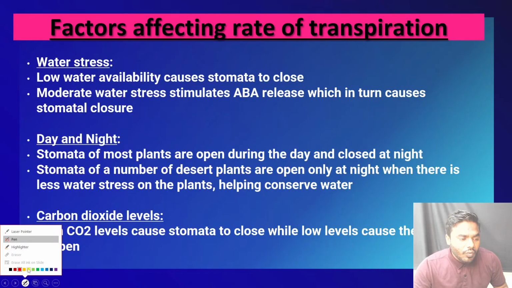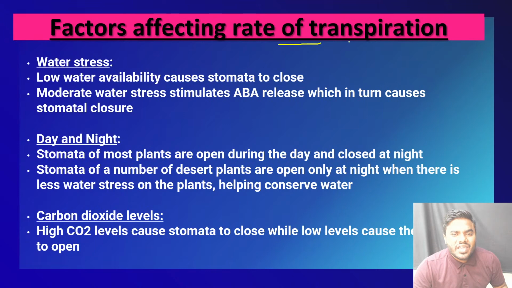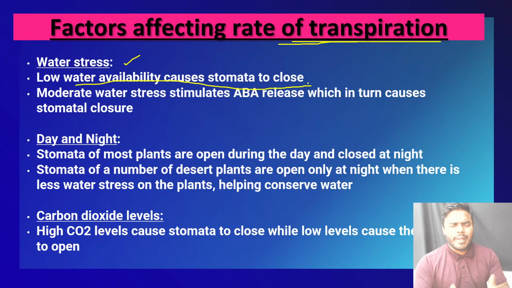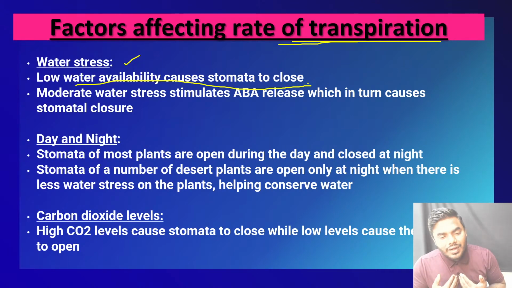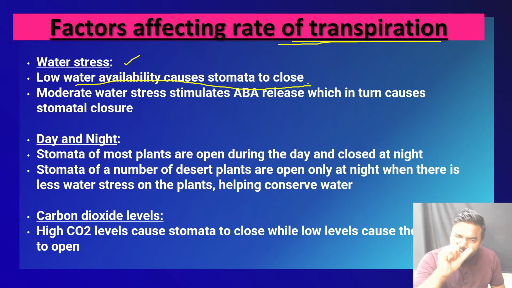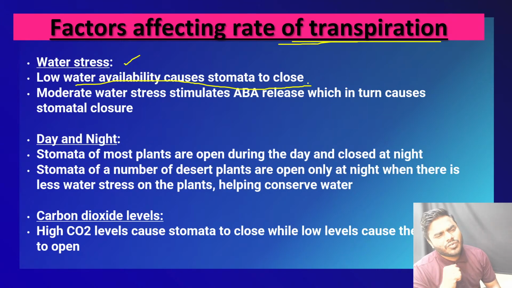Okay. Now, what are the various factors affecting the rate of transpiration? These are all very unique and easy statements, my friends. Water stress. Low water availability causes the stomata to close. There is no doubt about it, because already inside the plant body, a very limited amount of water is present.